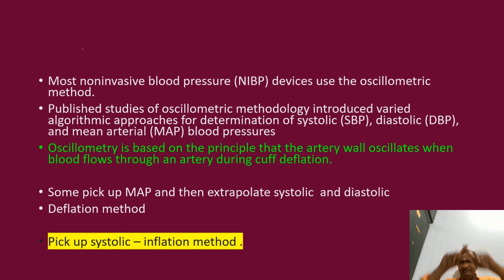So when we find systolic, diastolic, MAP in a monitor, everything is not measured. MAP is measured and systolic and diastolic the computer says. That is the deflation method. Systolic is measured and it extrapolates all these things is the inflation method. So many oscillometers, many NIBP monitors don't measure all the things.